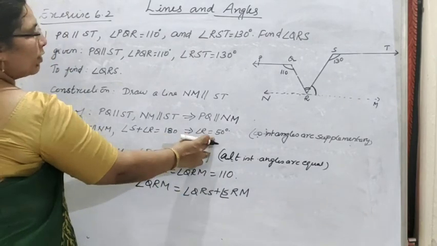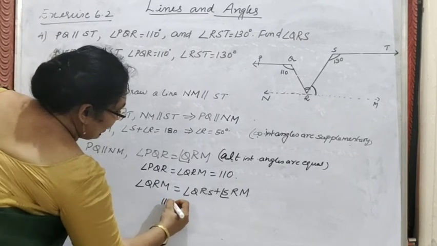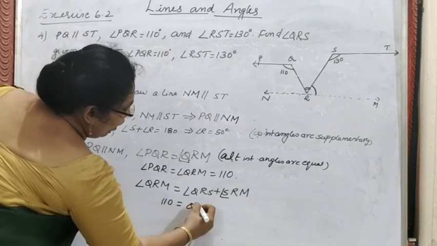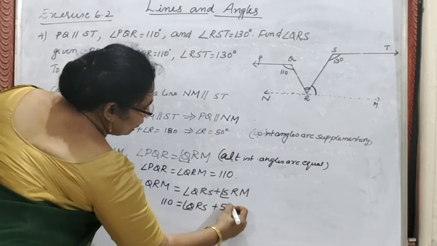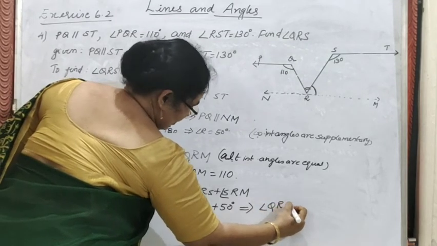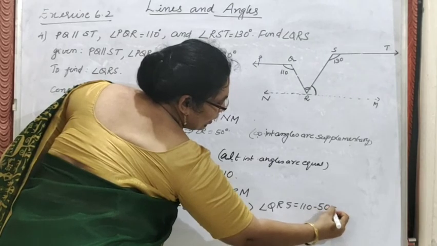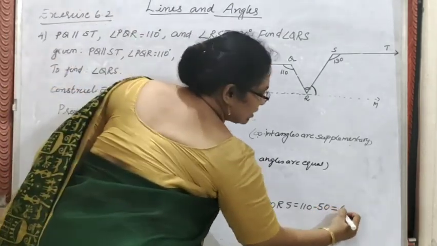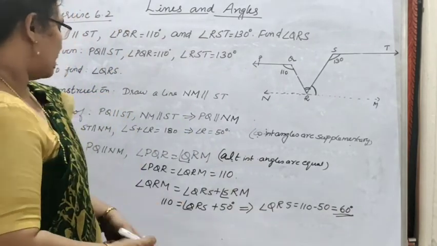SRM we have already calculated, that is 50 degrees. So we'll substitute this one. 110 equal to QRS, which is unknown, plus 50 degrees, implies angle QRS equal to 110 minus 50 equal to 60 degrees. Right? So we got 60 degrees.